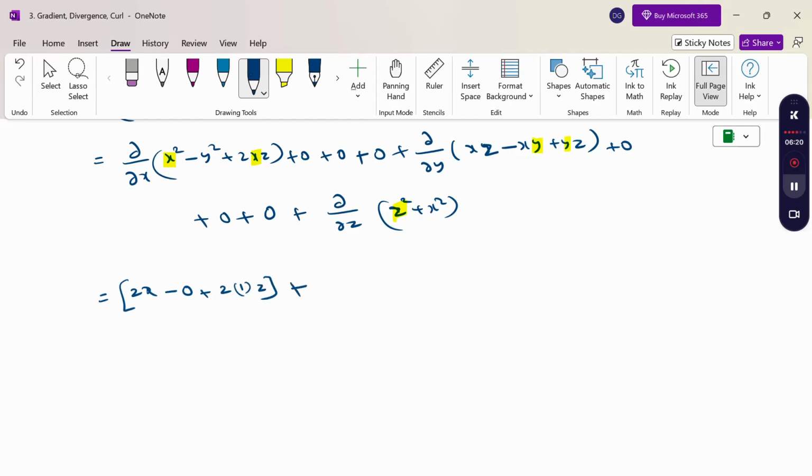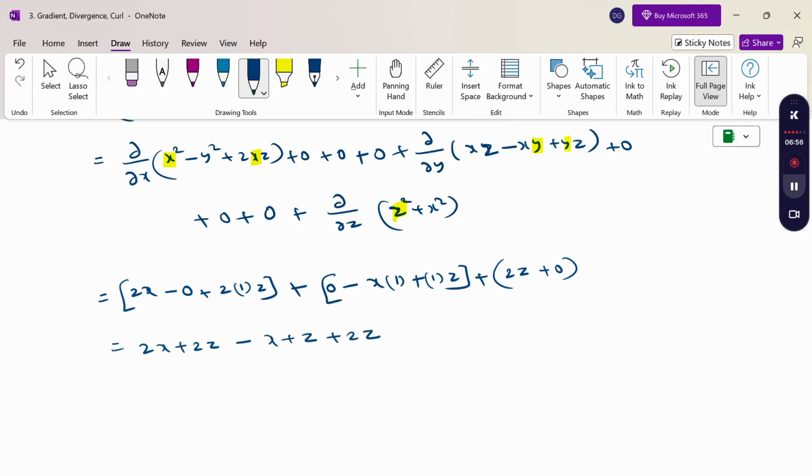Then plus dou by dou y: the first term xz is constant, 0, minus xy gives minus x, plus yz gives z. Plus dou by dou z of z square is 2z plus 0. Therefore the term is 2x plus 2z, and here minus x plus z plus 2z.